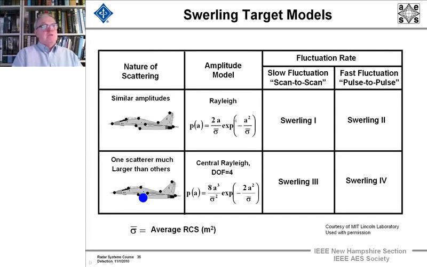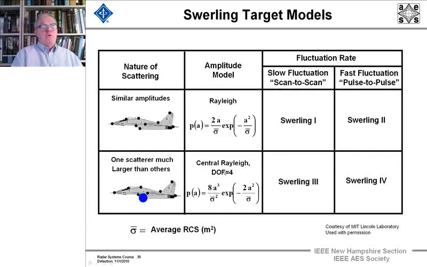And that's A times e to the minus A squared over sigma. And the Swerling 3/4 distribution is called a central Rayleigh, with 4 degrees of freedom, and it has an A cubed with the same exponential. So these are the factors that would go in as the probability distributions of amplitude, just like we had Gaussian noise come in, which turned into Rayleigh again in the amplitude domain.